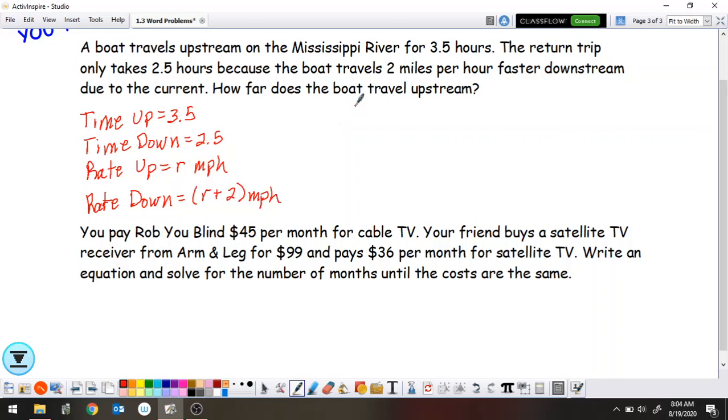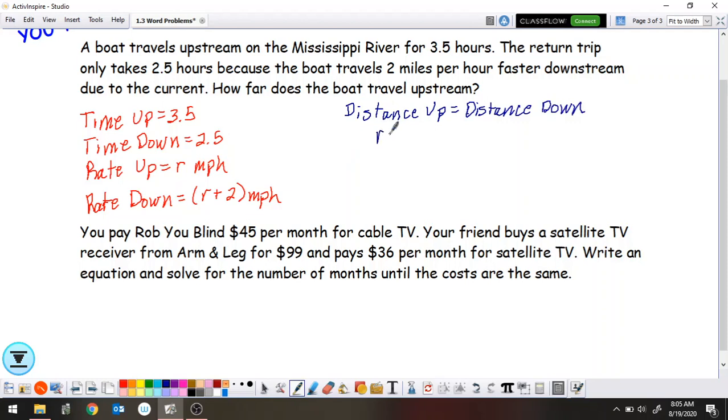So we again are going to have distance up compared to distance down. That's going to be rate times time up equals rate times time down.